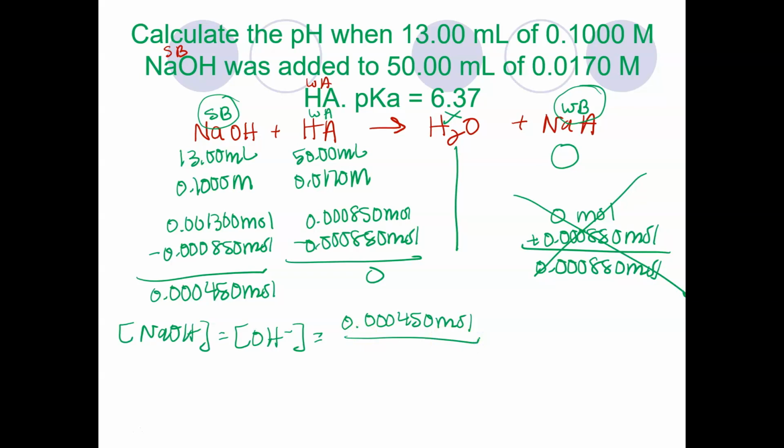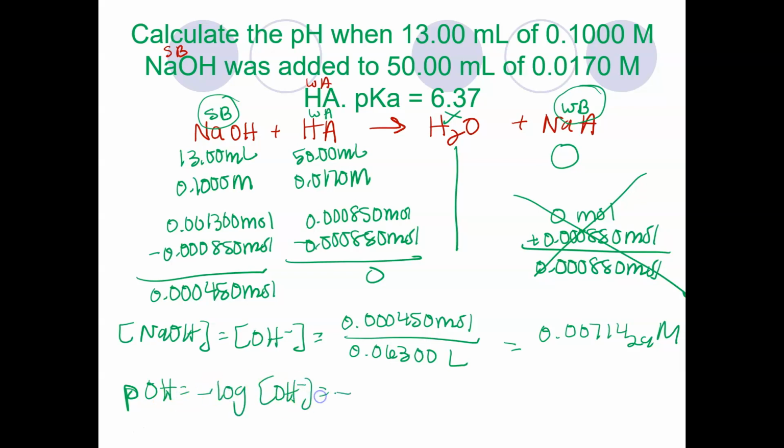But that's in moles. It needs to be in molarity. So I'm going to divide it by the volume, which will be the total volume, so 63 milliliters. When I do that math, I get 0.0071429. So the pOH is the negative log of OH minus, which is the negative log of 0.0071429. 3 sig figs, so I'm going to get 3 decimal places.